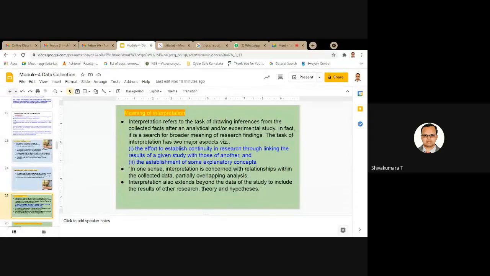Suppose Raman has taken up that traffic analysis. Another student has taken the same traffic analysis. I think one girl and one boy in our class. So their analysis methods, adapted data collection methods, and the topic of interest, the result which they are going to draw might be the same or different.